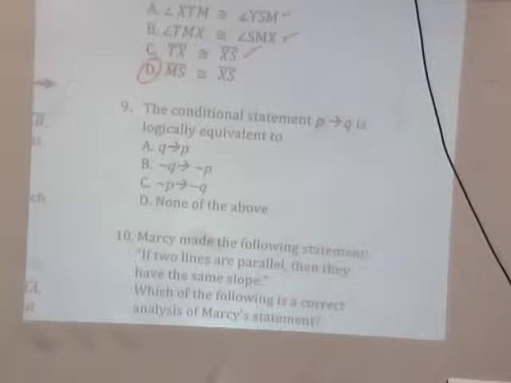The conditional statement, if P then Q, is logically equivalent to the contrapositive. What's that?